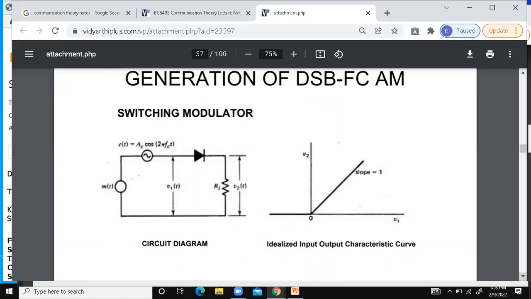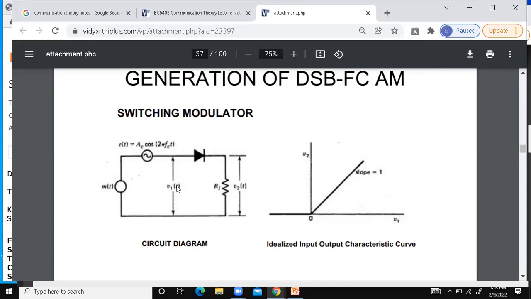Okay, the next one is the switching modulator. Again, this is their carrier frequency, and this is their information.